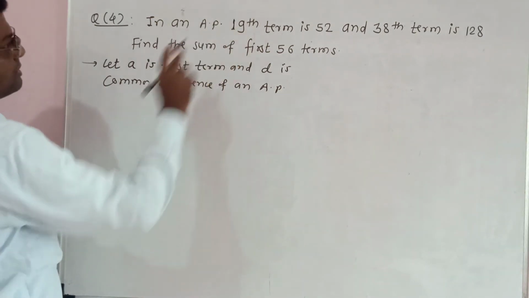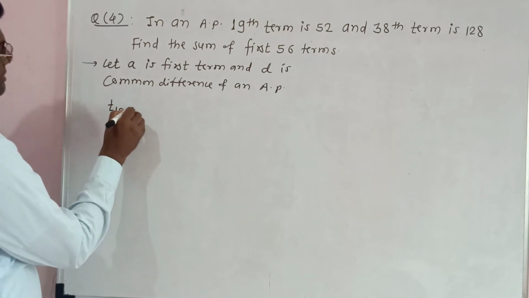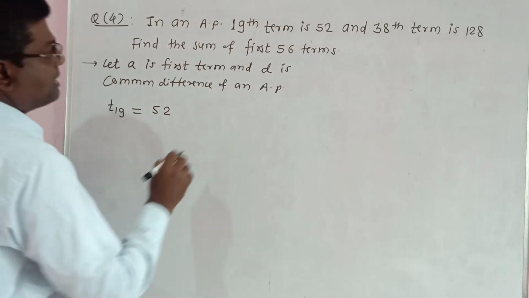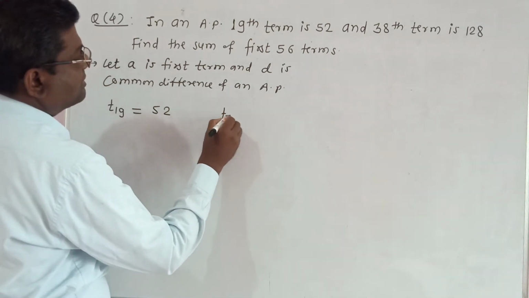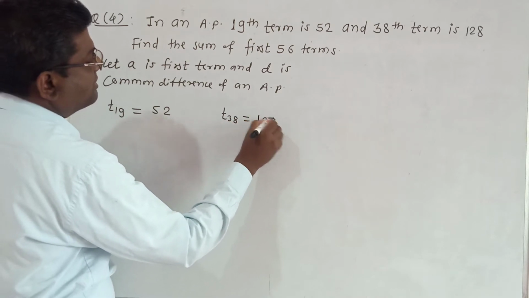Now we are given the 19th term, that is T19 is equal to 52, and also T38 is equal to 128.